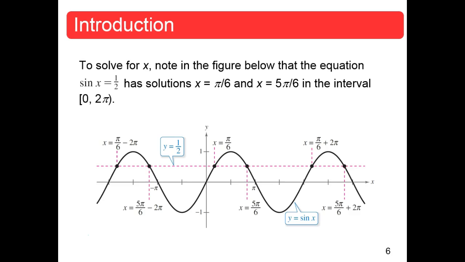But then add 2 pi to that, or subtract 2 pi, or to 5 pi 6, add or subtract 2 pi, so it's 2n pi. But if you're staying on the interval from 0 to 2 pi, from here to here, then you only have these two values, pi 6 and 5 pi 6. The whole thing is pi 6 plus 2n pi, and 5 pi 6 plus 2n pi.